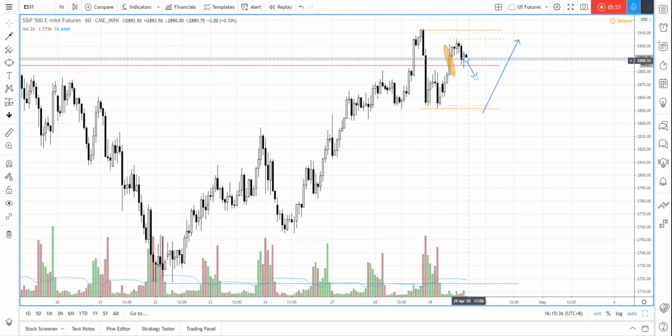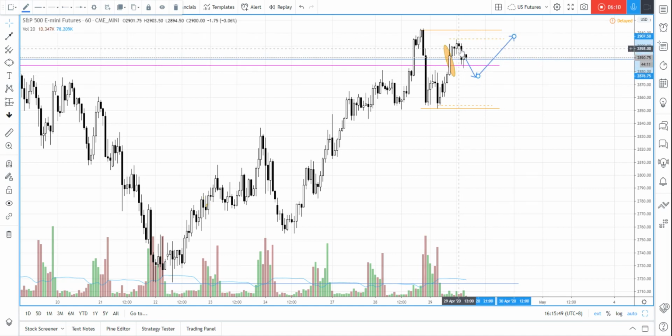So if it has a test and rebounds from here on, then I can also go long here, something like this. It just bounces up from here. If this turns out to be what happens, then I will take my chance to initiate a long entry. Or if it falls further and bounces up from here, then this is another level that I pay attention to.